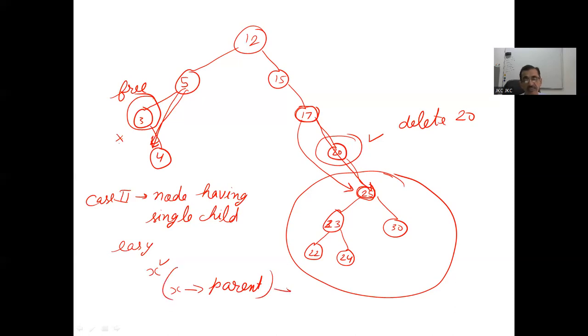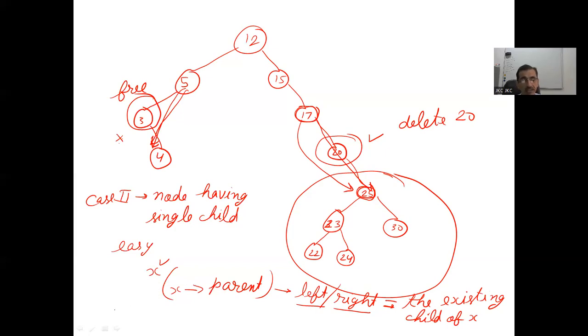Now its left side or right side will become the existing child of X. And which side? If X was on the left side, I will have it on the left side. If X was on the right side, I will have it on the right side. The existing child is only one, so whichever child it was, the same will become this.